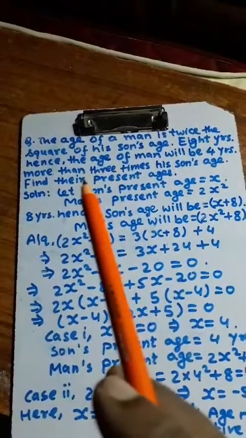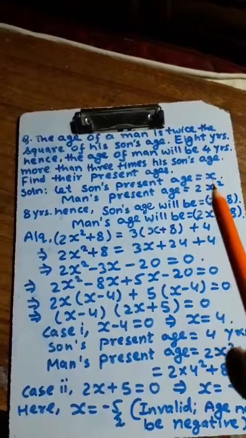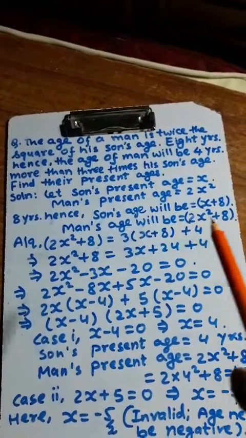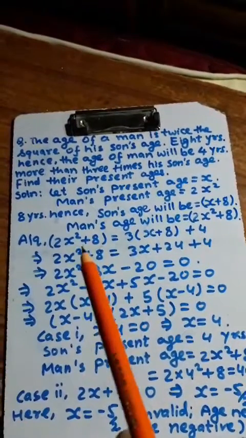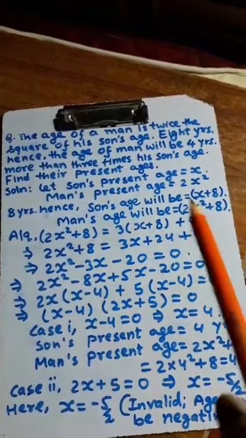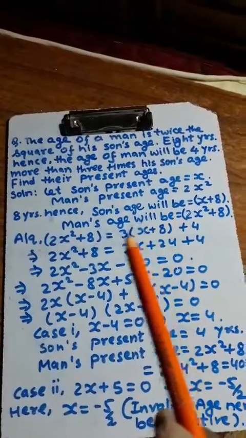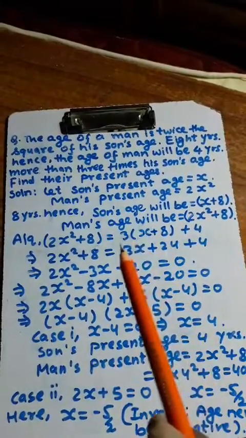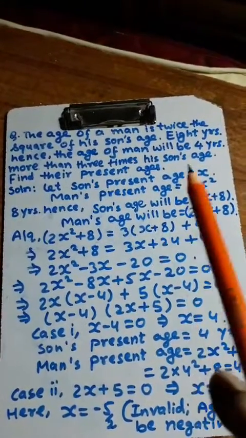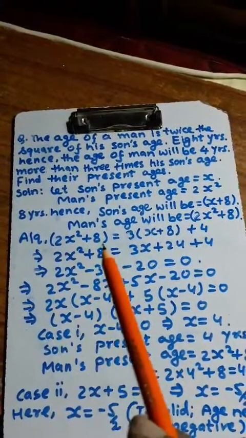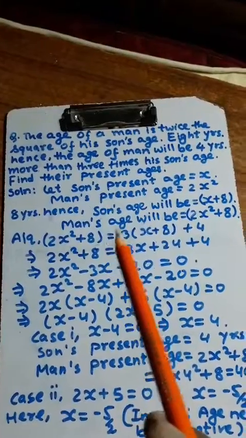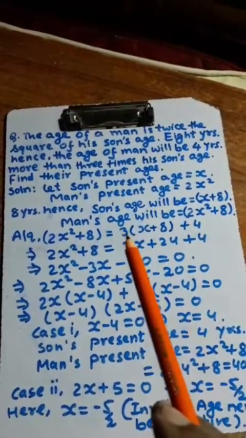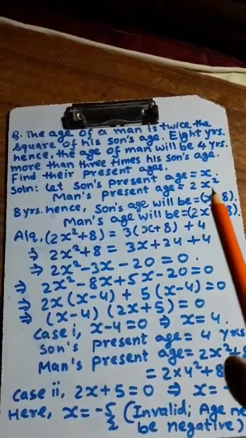And now 8 years hence, the age of the man will be, after 8 years, 4 years more than 3 times the son's age. So this is the age of the man after 8 years, and it is 4 more than thrice the age of the son at that time.